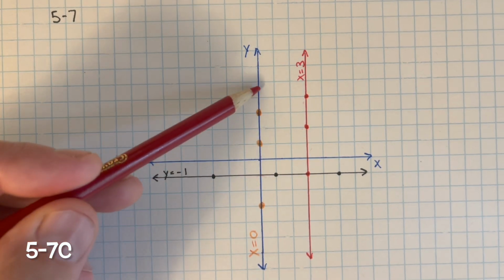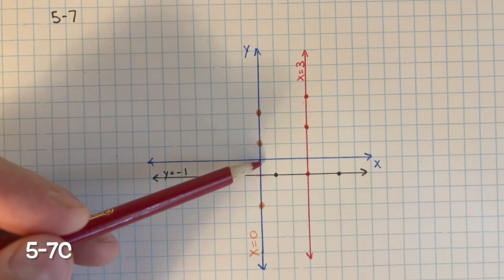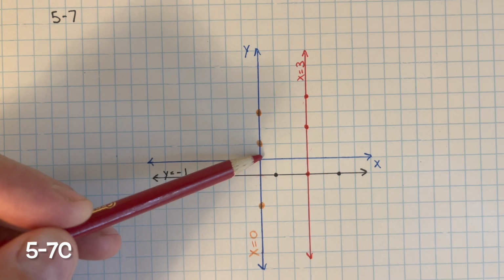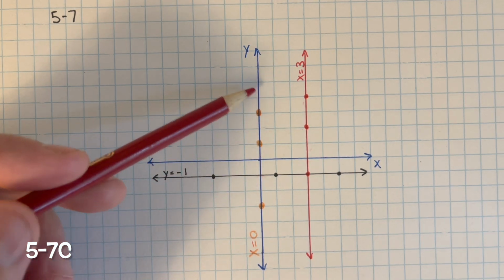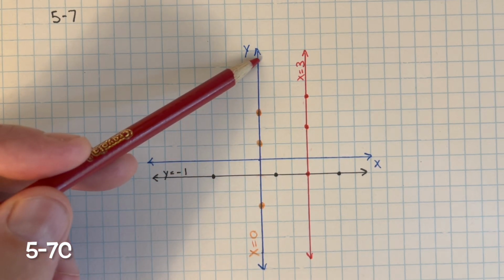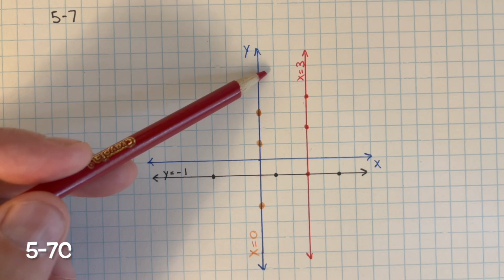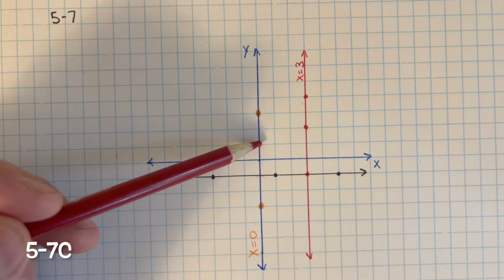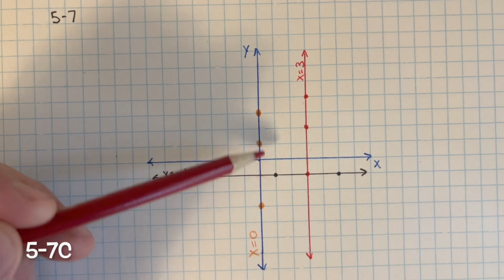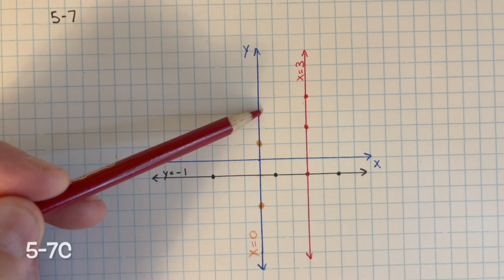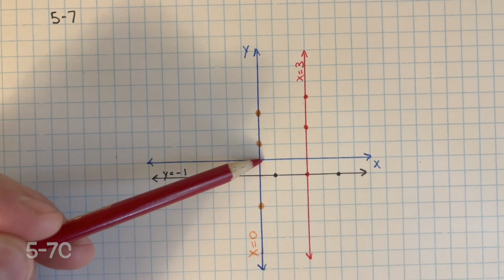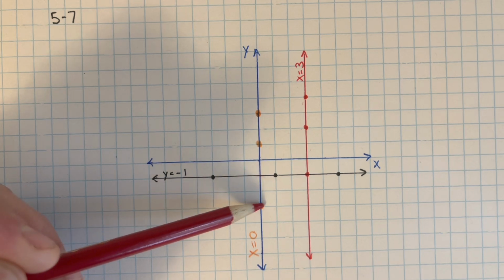Well, this line is going through the x-axis, and the equation of this line is x equals 0, because all the points on this line will have an x-coordinate of 0, and we're not going anywhere on the x-axis. So this would be 0, 1, 0, 3, and then this point would be 0 on the x, -3 on the y.